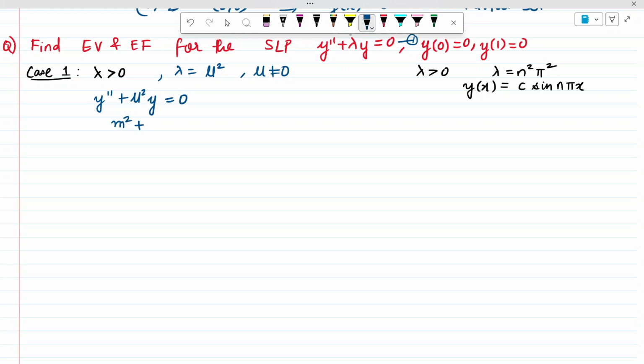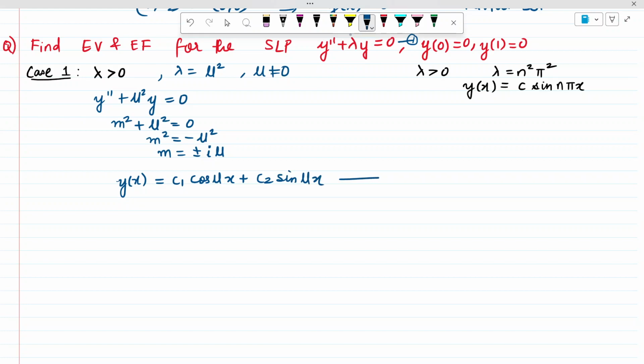Auxiliary equation would be m square plus nu square equal to 0. M square is equal to negative nu square, which gives me m is equal to plus or minus i times nu. Complex roots, so y of x would be equal to c1 times cos nu x plus c2 times sin nu x. Okay, I call this equation number 2.